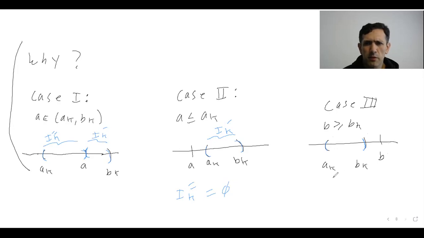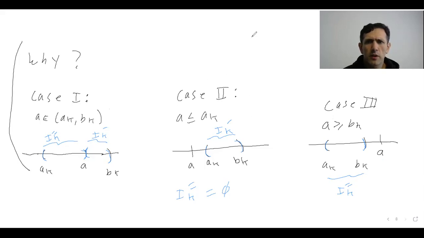I don't feel like erasing. Sorry, I don't know why I put B. This should be A. I don't know where B came from. Sorry about that. There is no B anywhere. Just looking at A, AK, and BK. Okay.